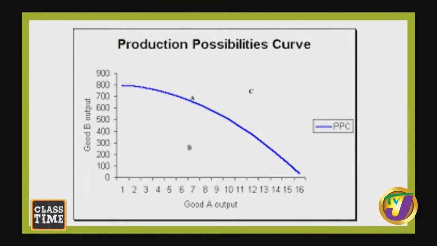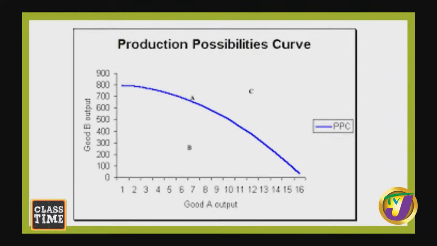If you notice, there's a point outside of that curve, point C. That combination cannot be produced because it falls outside of the society's ability to produce it, right? It is what we say, an unattainable combination.